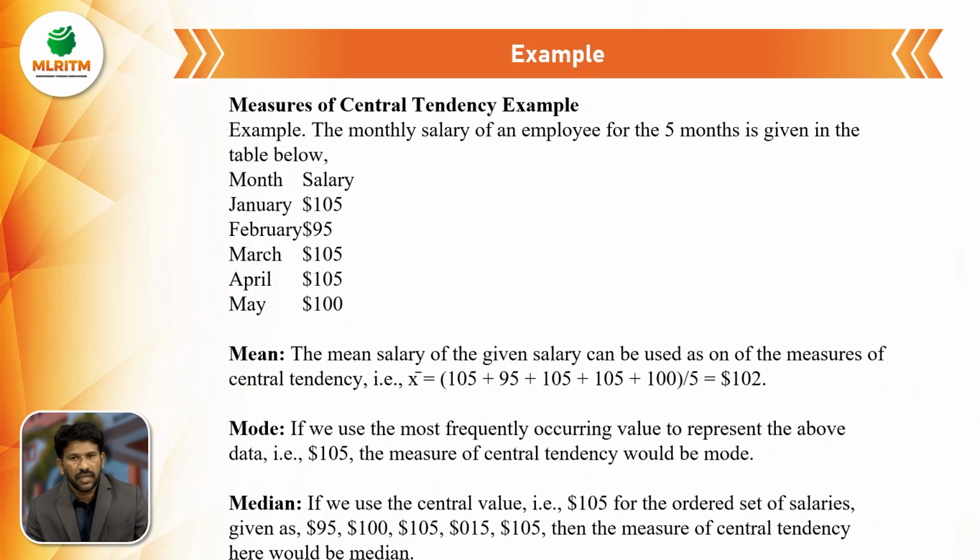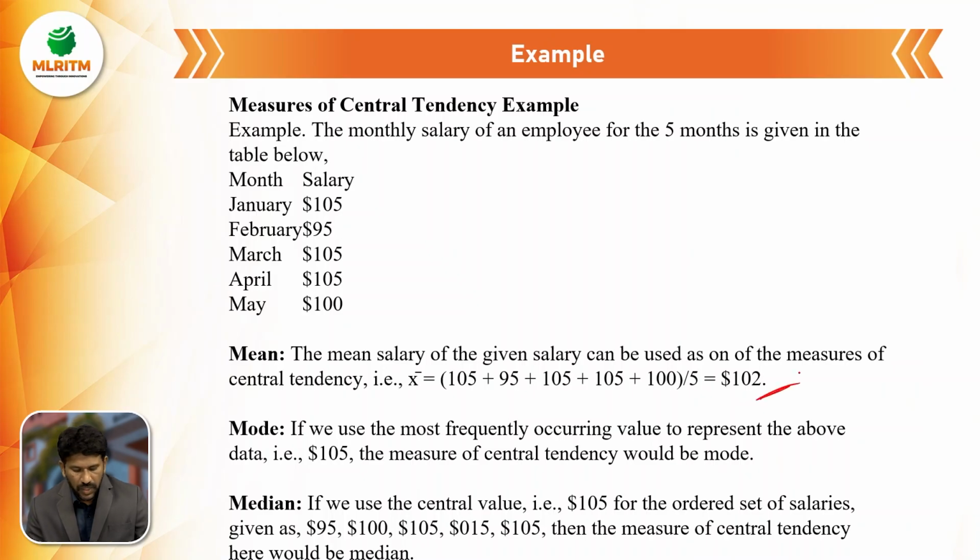Based on this data, we have to find the mean, median and mode. For the mean, we calculate the sum of the observations divided by the total number of observations: 105 plus 95 plus 105 plus 105 plus 100, divided by the total number of months, 5. So you get 102 as the mean.